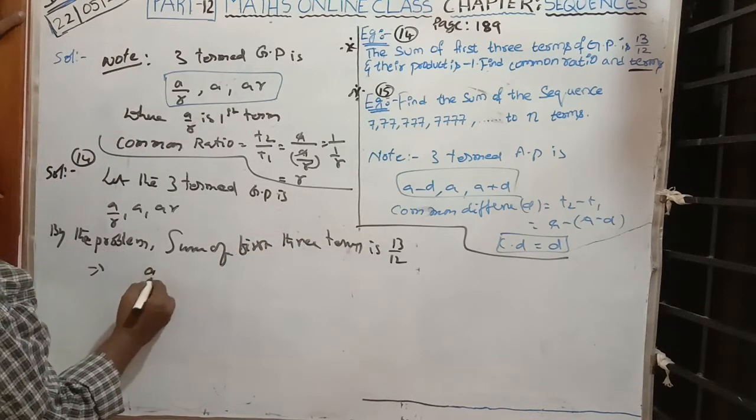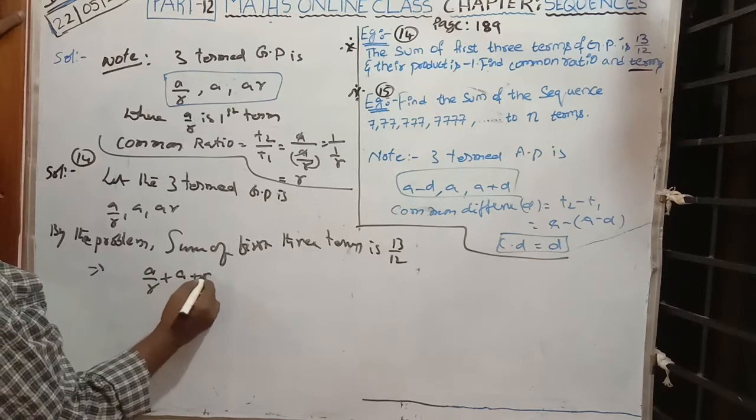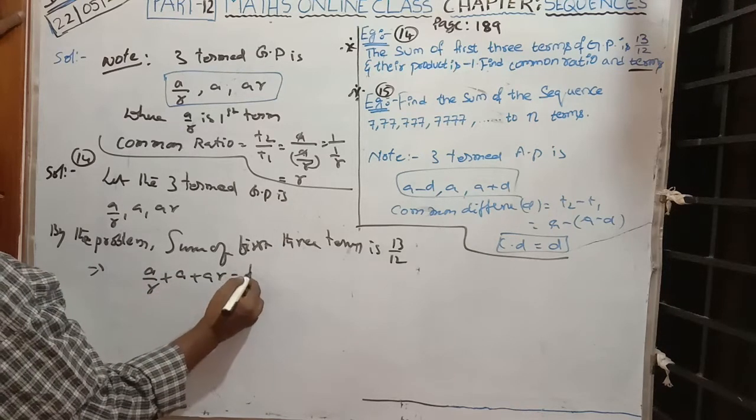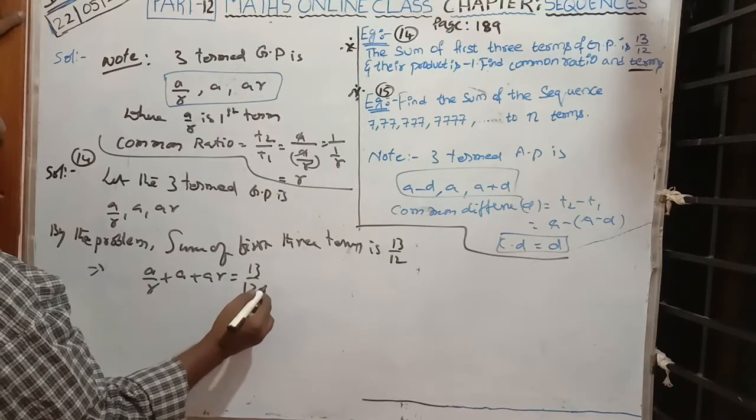That implies A by R plus A plus AR is equal to 13 by 12.